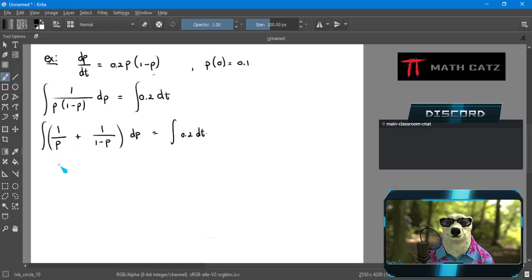The antiderivative of 1 over p is natural log of p. Antiderivative of 1 over 1 minus p, yeah, log of 1 minus p, but I'm going to have a negative there. And then the right-hand side is fairly easy. Well, very easy. I have my integration constant there as well.